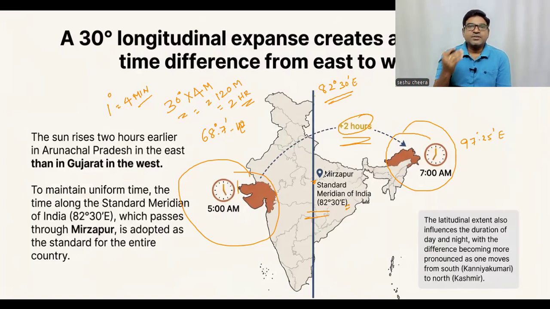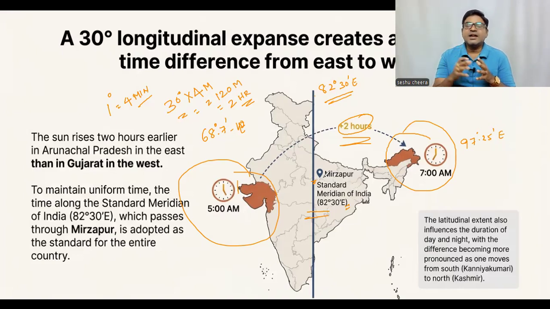So here we get clarity that India, being very large in area and having a difference of 2 hours, still doesn't have different time zones as exist in some other countries. Why don't we have that?